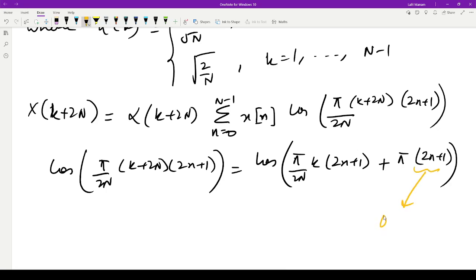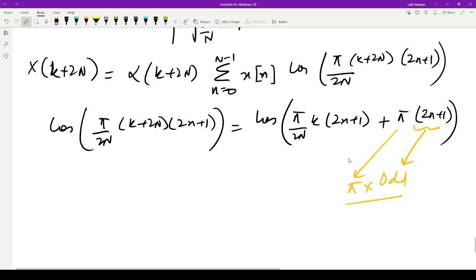This will always be odd, right? Yes. So it's an odd multiple of pi, pi into odd. So when you have cos of x plus 2n plus 1 into pi, some other quantity, what does it give you? How can you simplify this expression? How does cos look like?